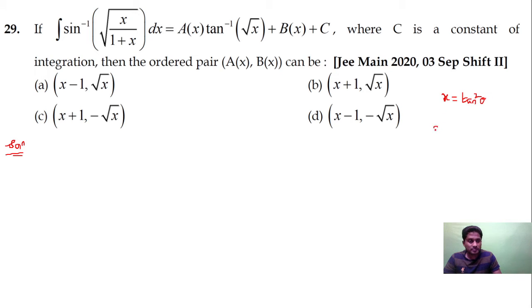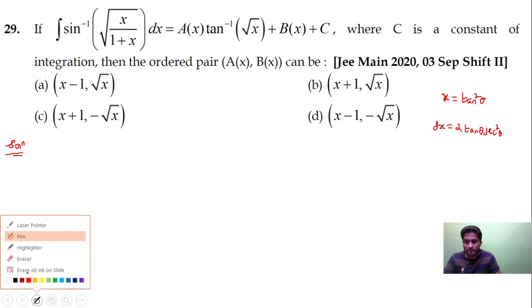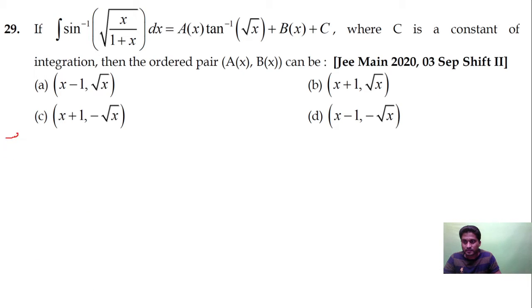If I differentiate, I get dx is equal to 2 tan theta into sec square theta d theta. So I'm substituting x is equal to tan square theta, and dx is equal to 2 tan theta into sec square theta.